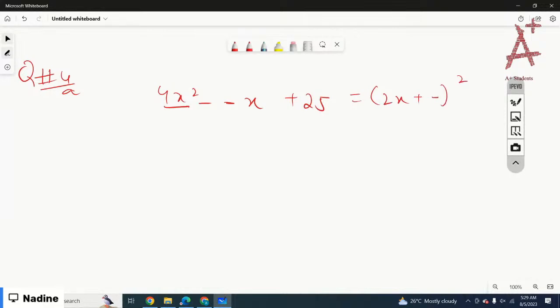Just look at this term. This is the square of 2x, right? And this one is the square of 5.